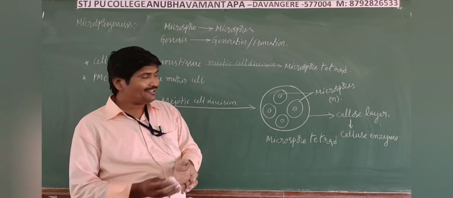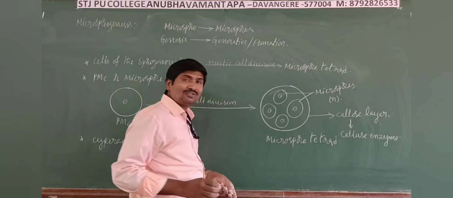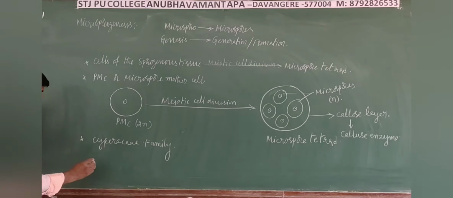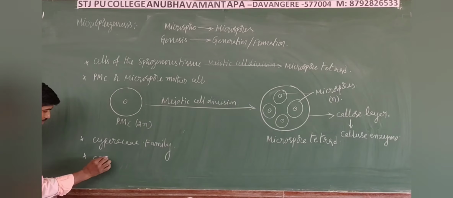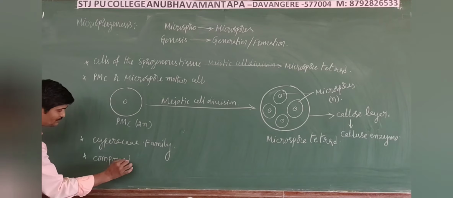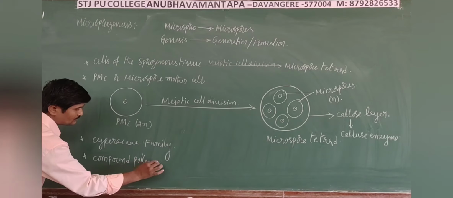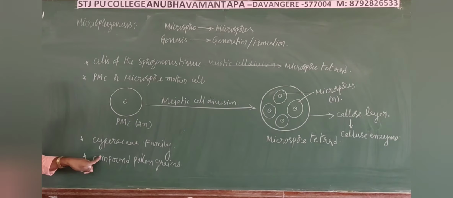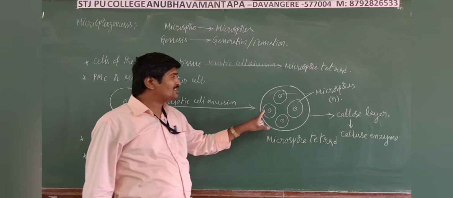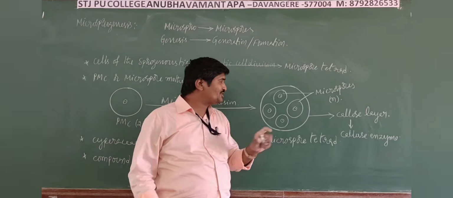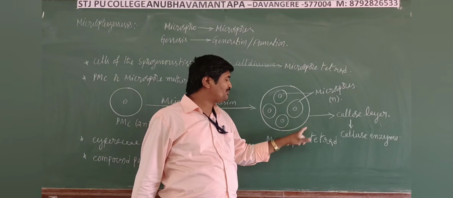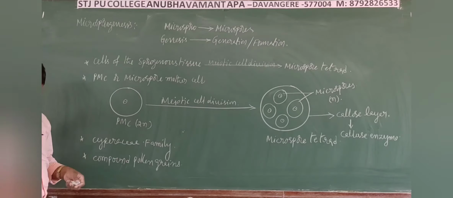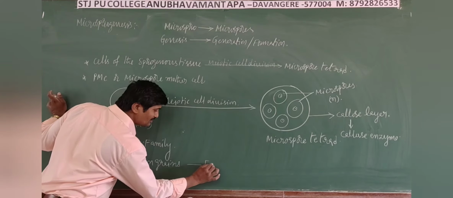But in some cases, the microspores remain united. Such pollen grains are known as compound pollen grains. In compound pollen grains, the four microspores remain united, so they cannot separate from the microspore tetrad. What are the examples?